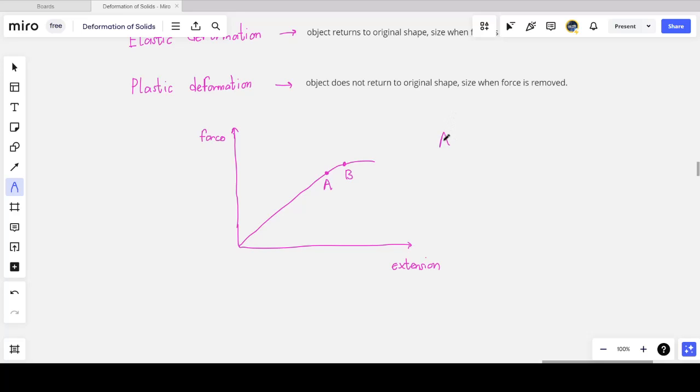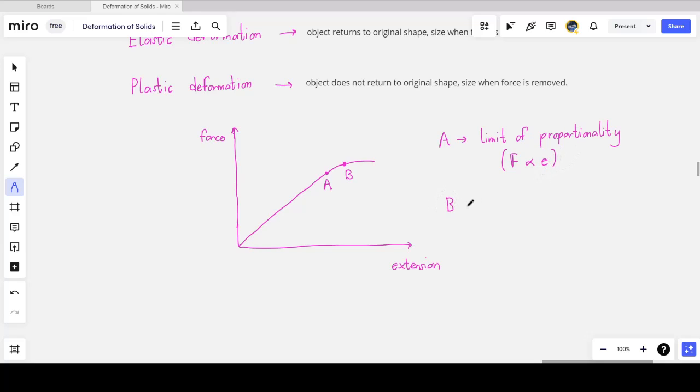What we said before still holds: A is the limit of proportionality, meaning up until A, the force or the load is proportional to the extension. Increase the force, the greater the extension I'm going to get on the spring.